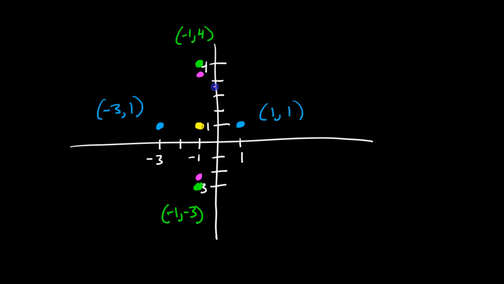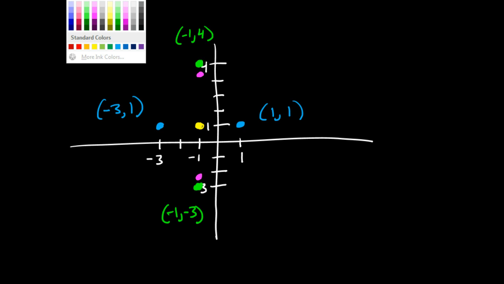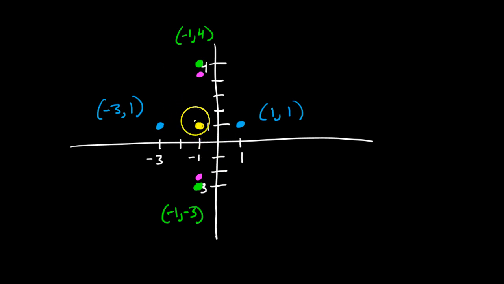Now, when I label these points, I'm not allowed to use the decimal approximation. So you have to keep the following thing in mind. Remember, the coordinates of the center were negative 1, comma 1. Okay?